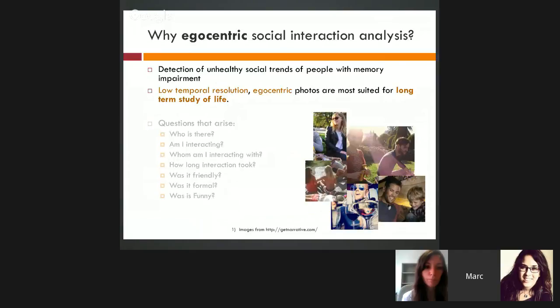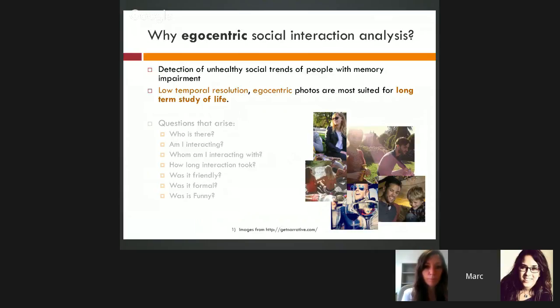But why social interaction in egocentric photos? Because it can be helpful in the detection of unhealthy social behaviors, which can be useful generally for people, and especially for those who suffer from memory impairments.